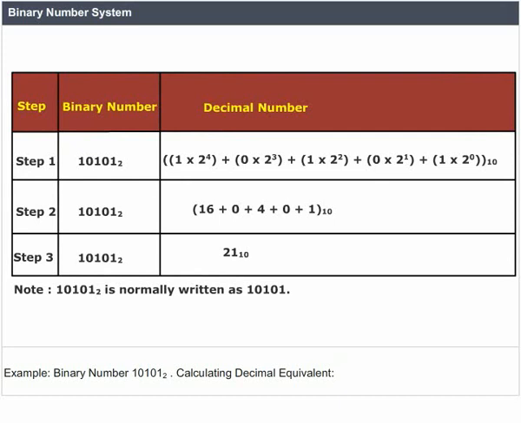Step 2. 10101 to the base 2 equals 16 plus 0 plus 4 plus 0 plus 1 to the base 10. Step 3. 10101 to the base 2 equals 21 to the base 10. Note, 10101 to the base 2 is normally written as 10101.